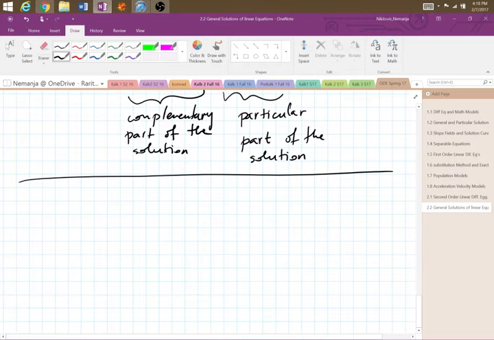Okay, so here's the one. So these are 21 through 25. Now, as I said, they're giving you solutions. They're just teaching you here how to put solutions together. We're going to start solving equations next class.